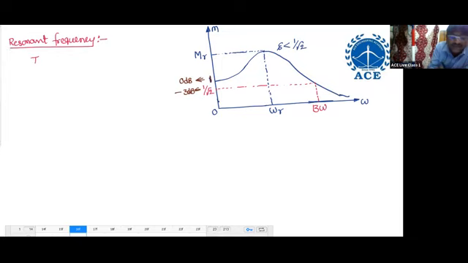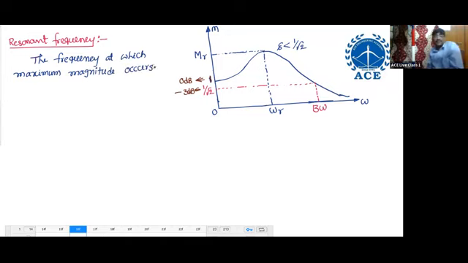The frequency at which maximum magnitude occurs.